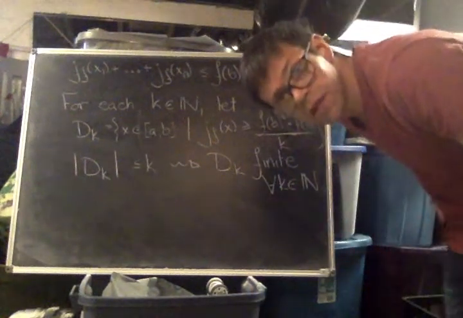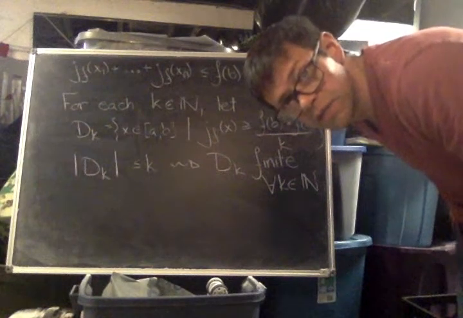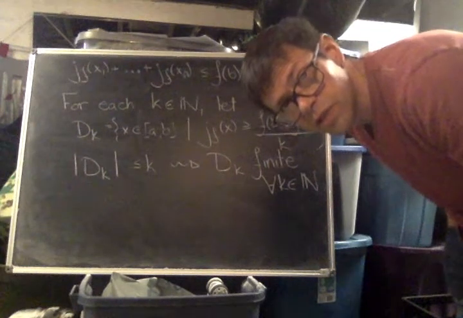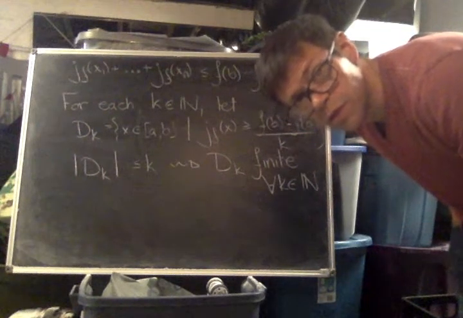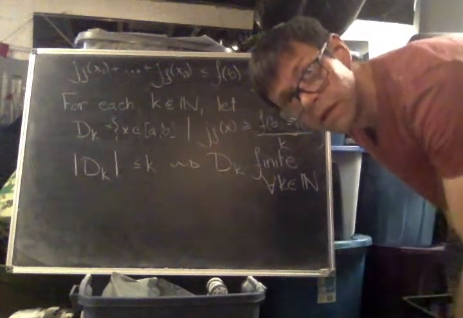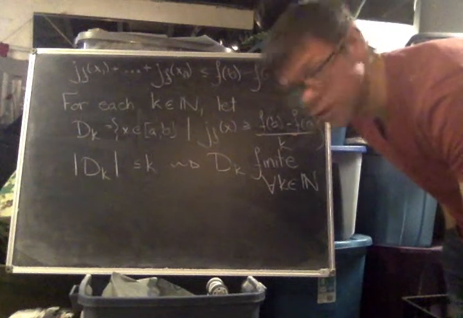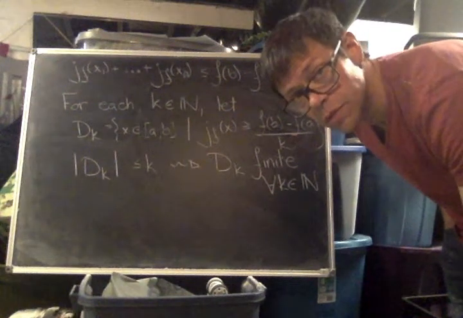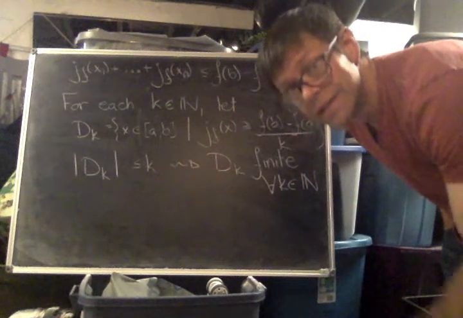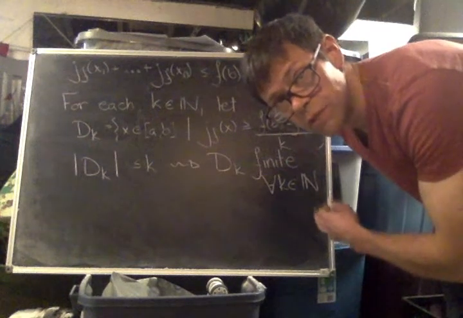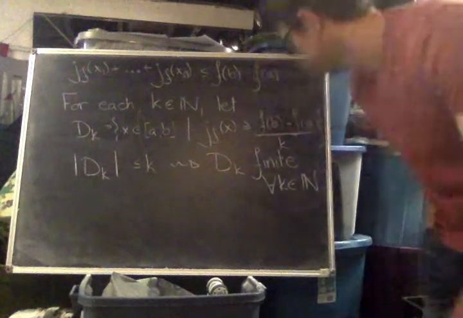So for different values of k, you could get different sizes of D_k. The larger k is, the smaller the jump is. The smaller the jump is, the more points are allowed to have a jump of that size. However, no matter what the size of jump you choose is, this D_k is always going to be finite at worst. Okay?